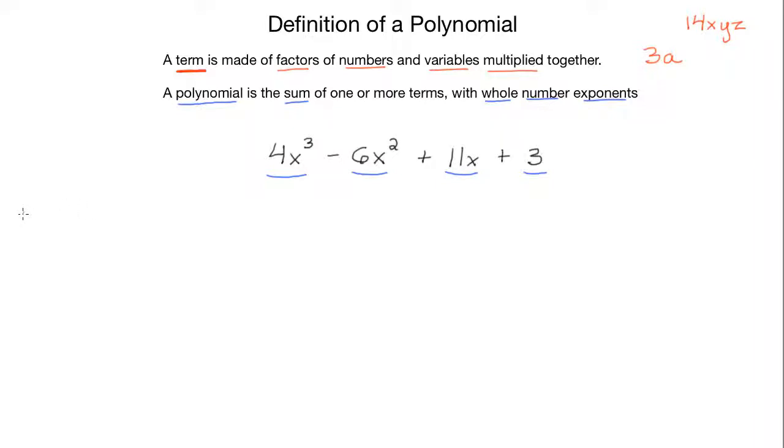So we're going to talk about coefficients when we're working with terms. And then we're going to talk about leading coefficient. We're going to talk about the degree of a term.